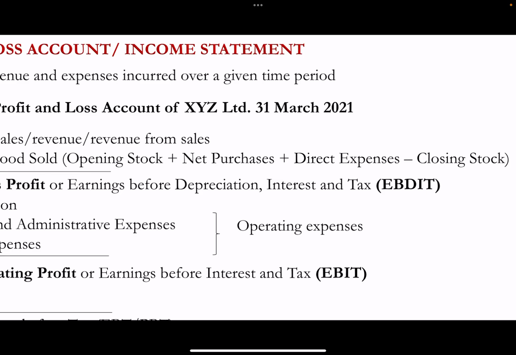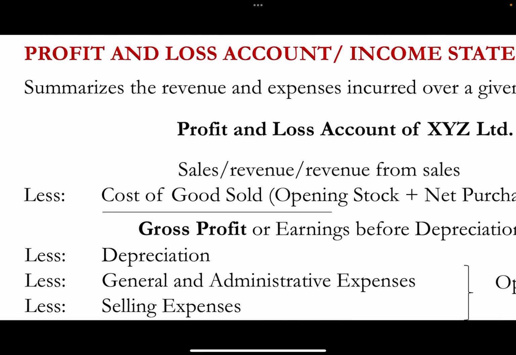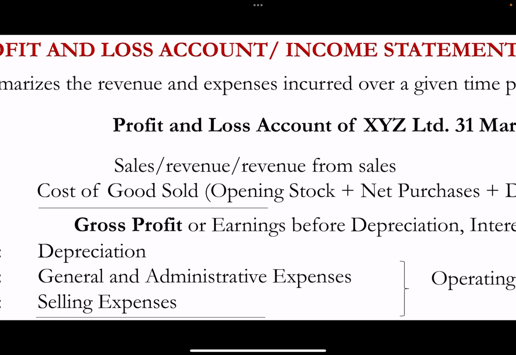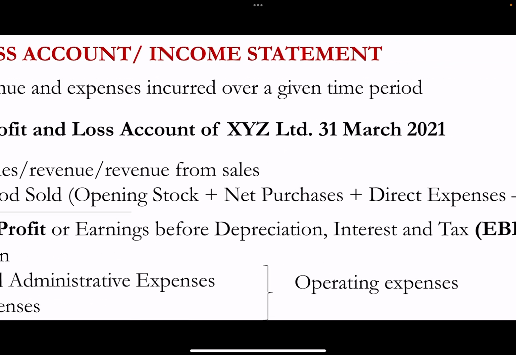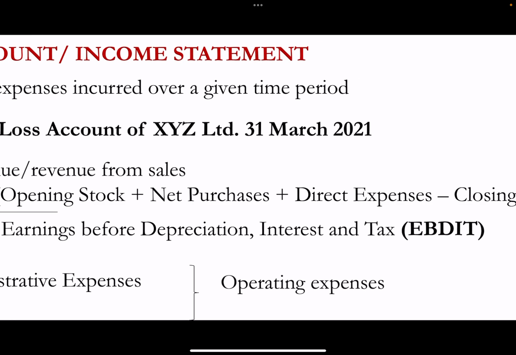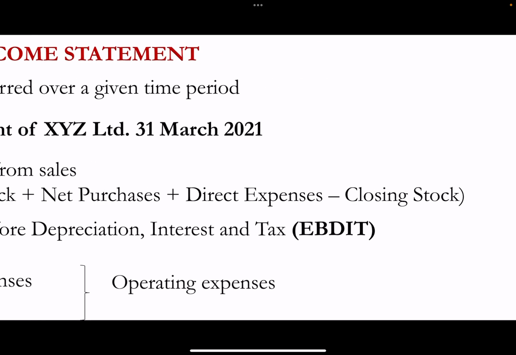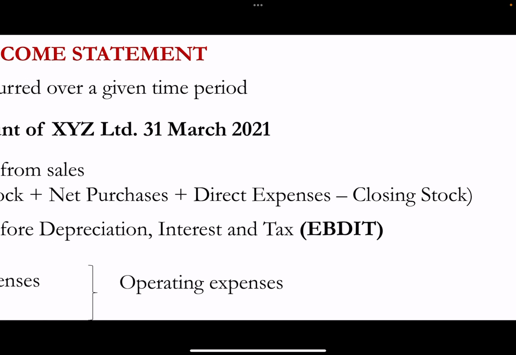If COGS is not given, then we can calculate it with this information: opening stock plus net purchase. What is net purchase? Purchase minus purchase return, plus direct expense, and minus closing stock.